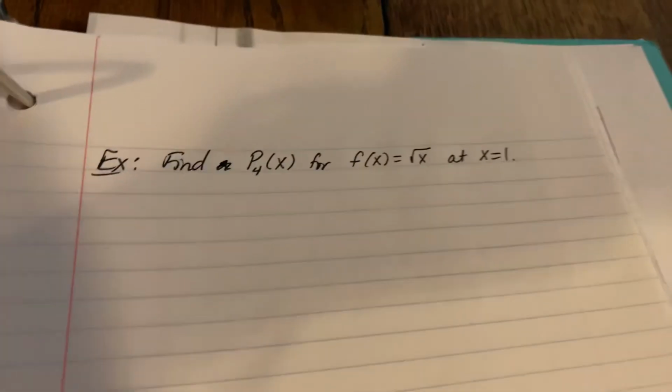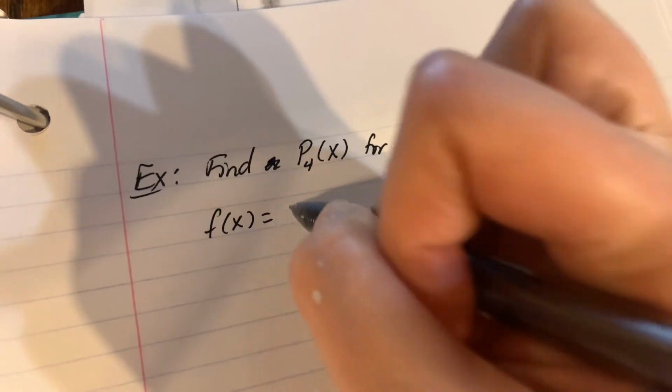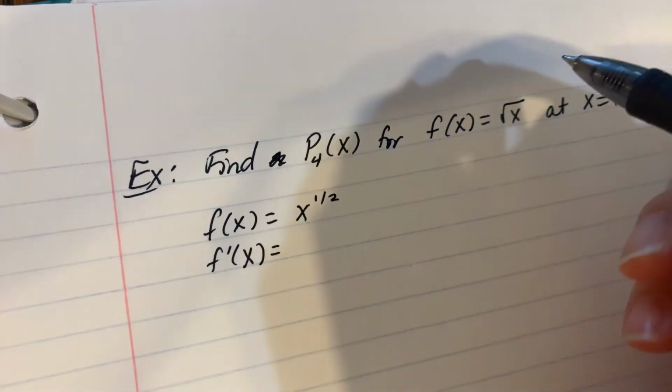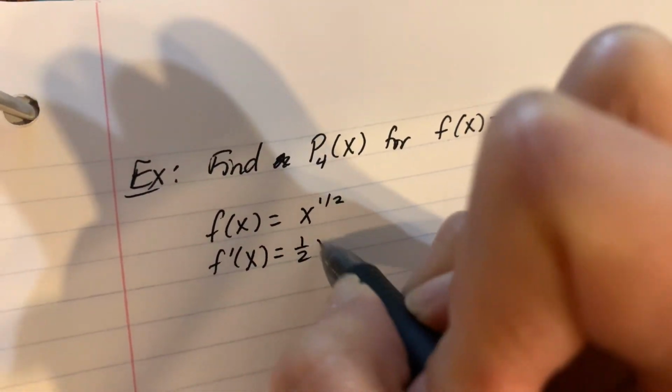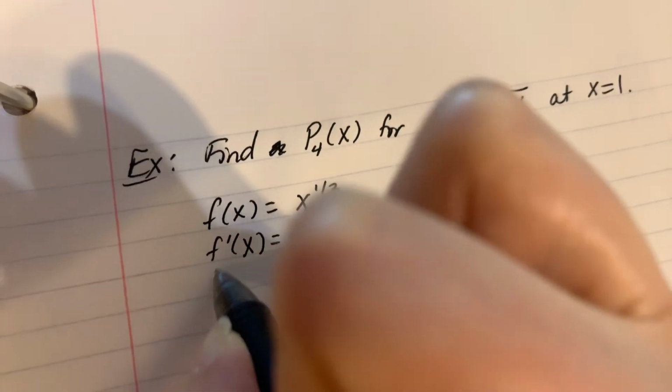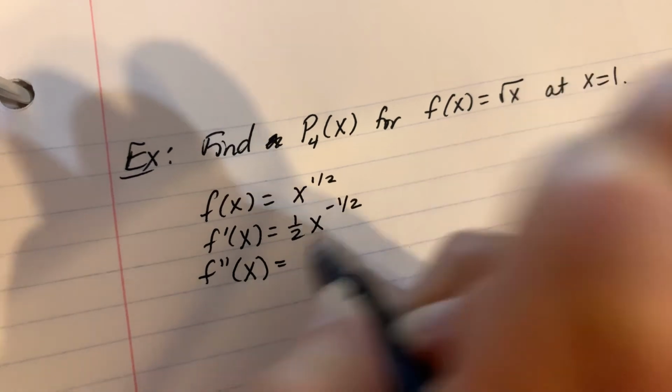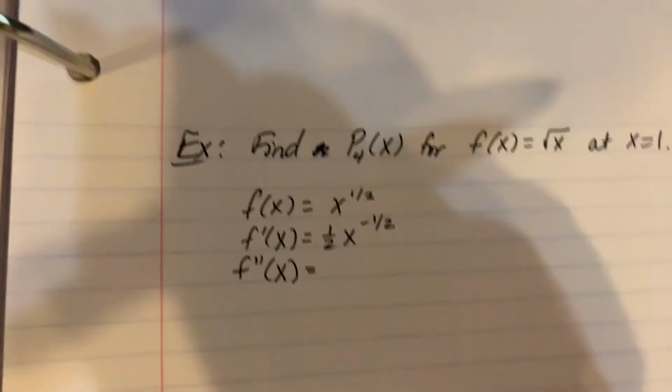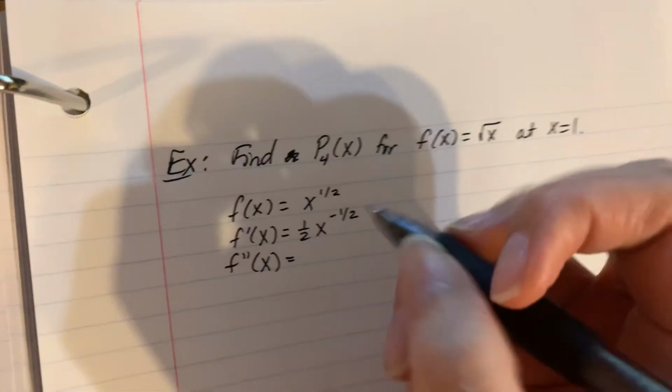Okay. All right, so we're going to need f of x is x to the 1/2, f prime of x, we're going to need to go to 4, is 1/2 x to the negative 1/2, f double prime is what? Sorry, I'm trying to hold this the right way so you can see it. Okay, there we go.